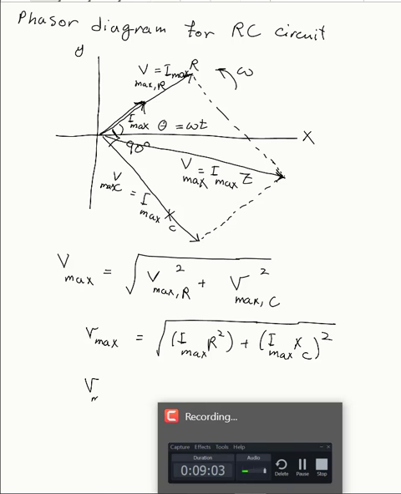I can bring out the Imax from the equation, so it becomes Imax times the square root of R squared plus XC squared, and this part was the impedance. This is just the derivation for this equation, and you do not need to memorize it at all. I just wanted to show you how it is derived.